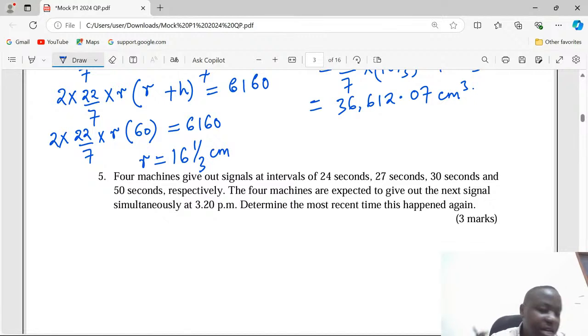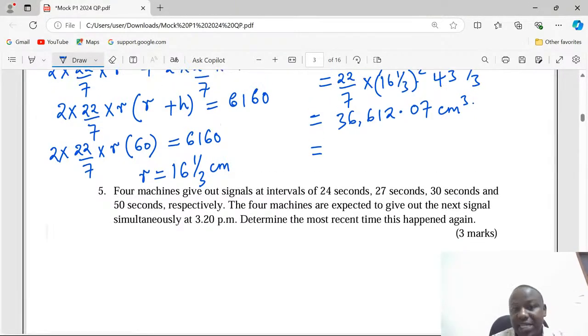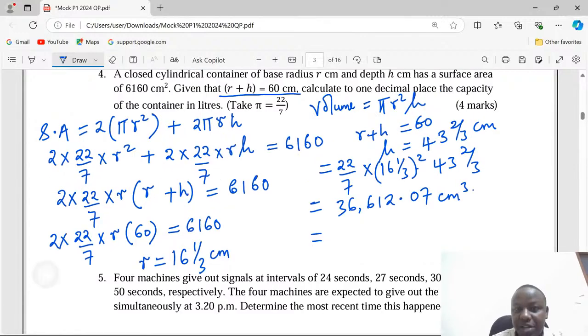This is volume in cubic centimeters, which can be converted to capacity in liters according to the instructions.